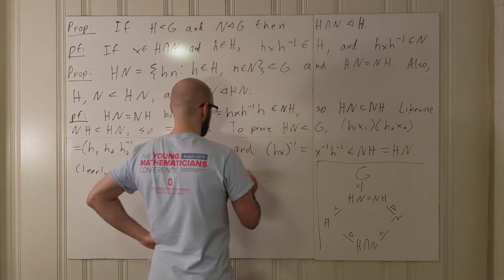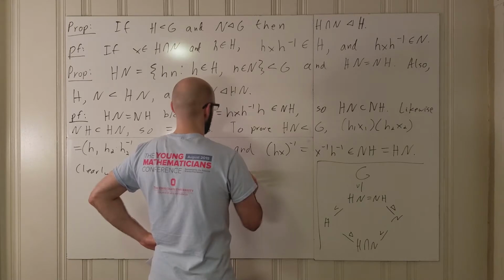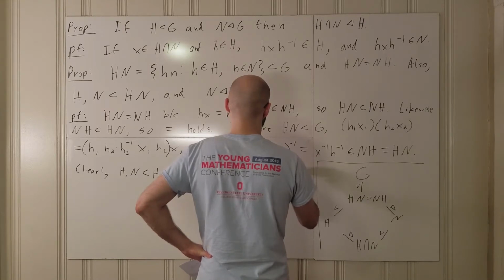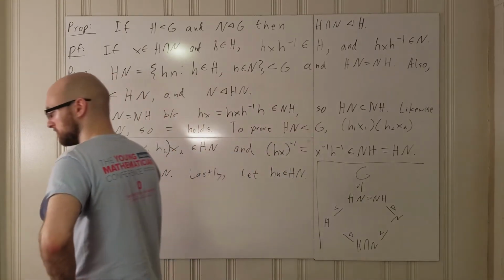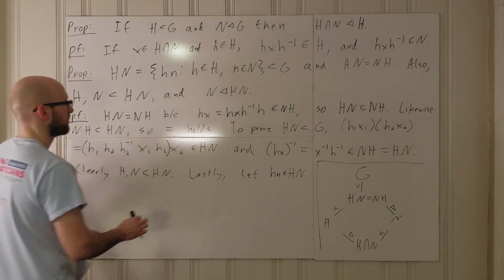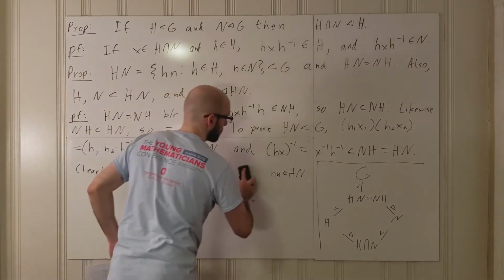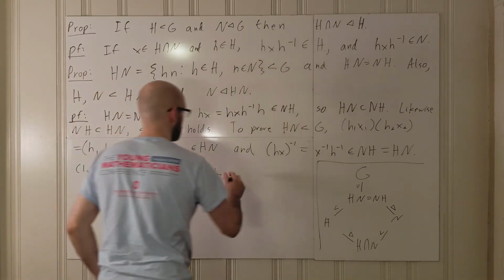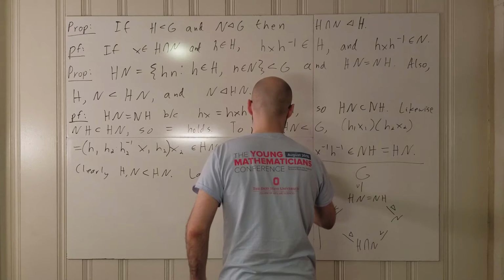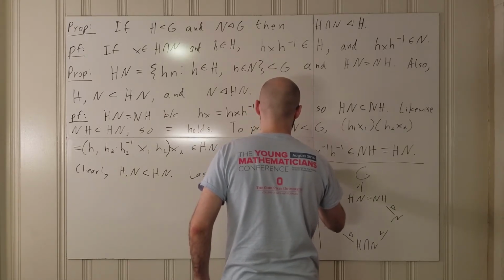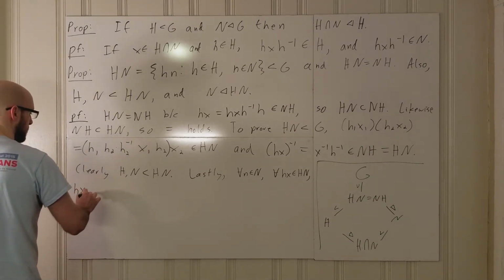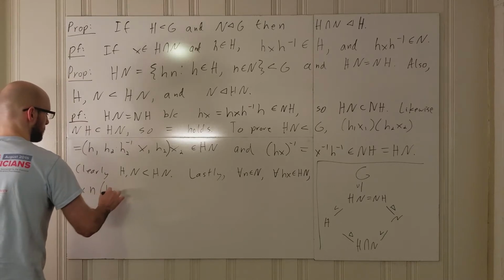So for all n in N, for all hx in HN, what happens when we conjugate? hx times n times (hx) inverse.